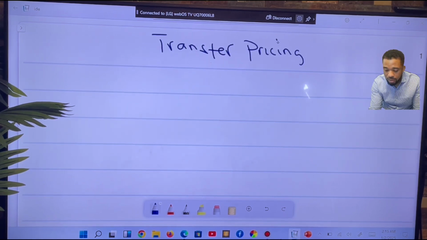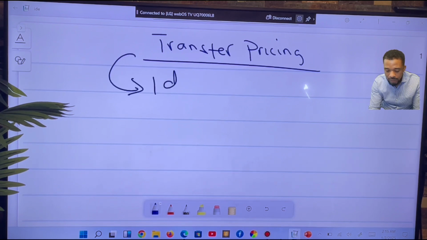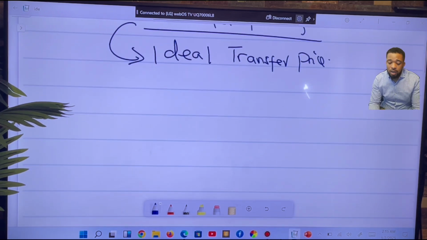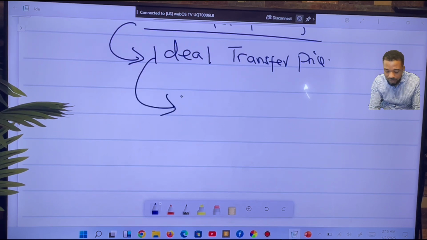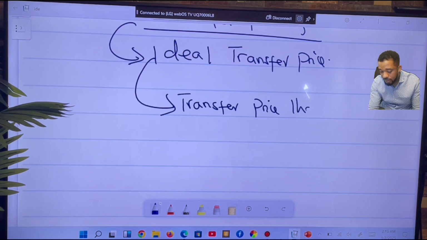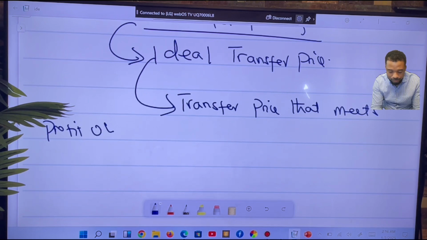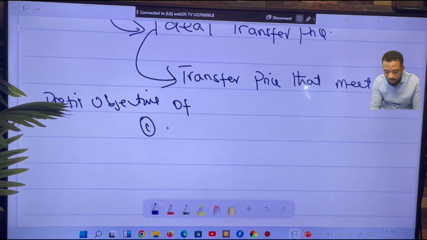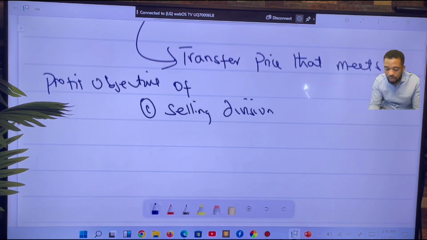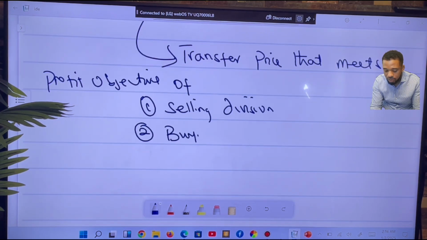Transfer pricing, and then we are looking at ideal transfer price. We said ideal transfer price is simply the transfer price that meets the profit objective of one, the selling division, two, the buying division.